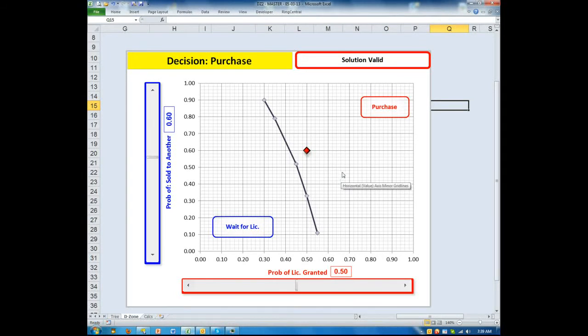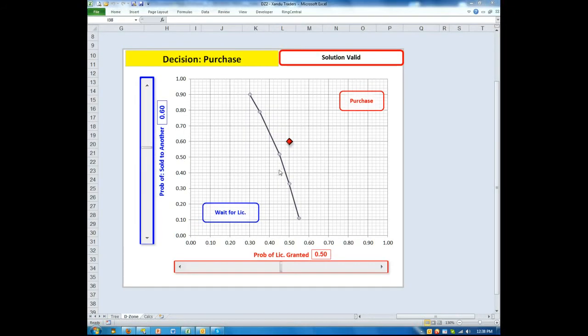When the pointer is in the purchasing zone, the recommendation is to purchase. As we change the probability, the decision will reverse. Here it says wait for license. What is important to know is the distance from the pointer to the demarcation line this way and also this way.